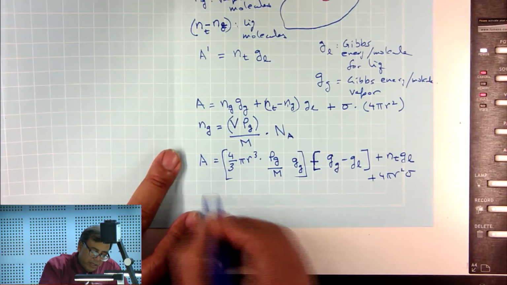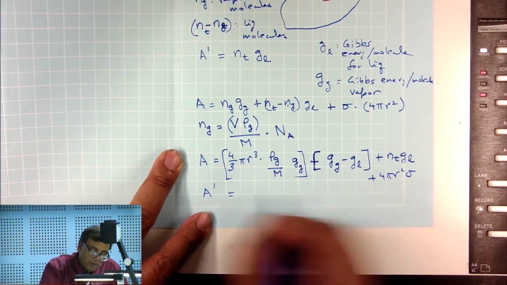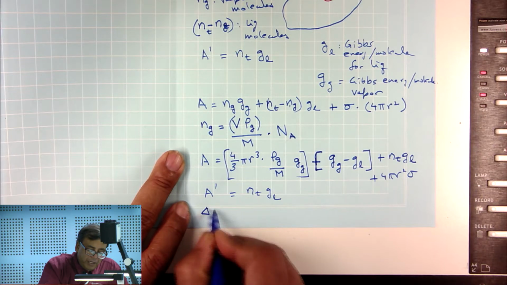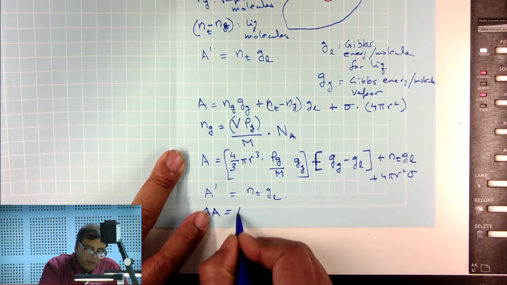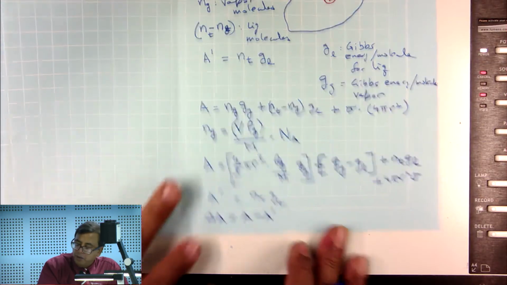And I already said that my initial availability A prime is equal to Nt times GL. So, my delta A is my final availability minus initial availability.